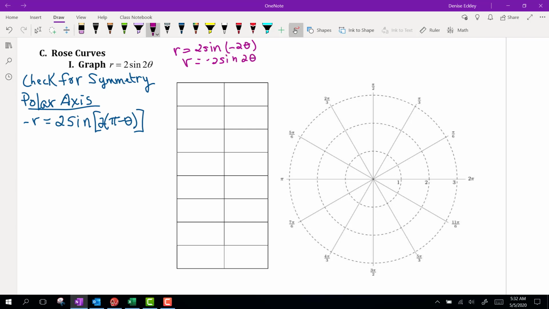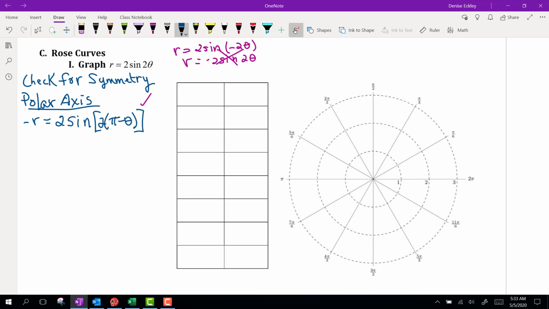Especially with the Rose curves, they do have other symmetry. Some of them are symmetrical over the line pi over 4. So that's why these tests are a little tricky for the Rose curves. So you should go ahead and try the alternate. So this is a no, so I'll go back and try this one. But if you start to understand that you're better off going right with the second test, you're better off.